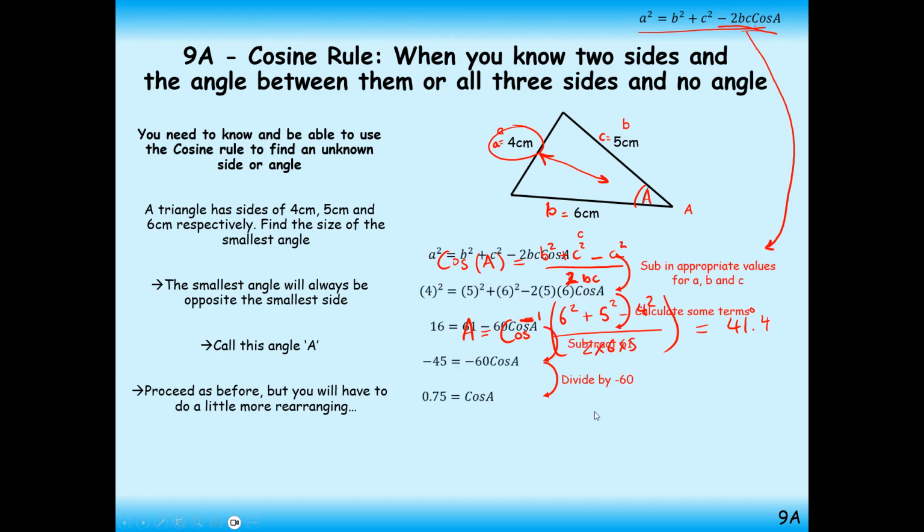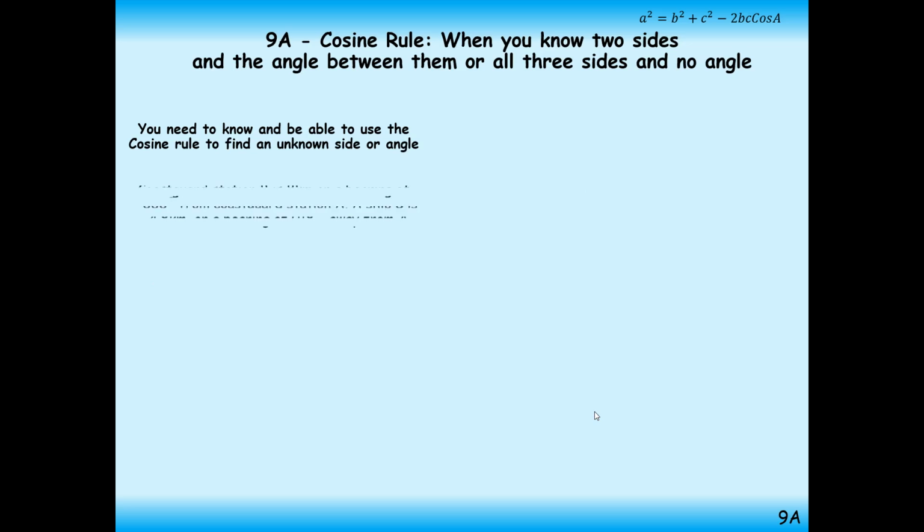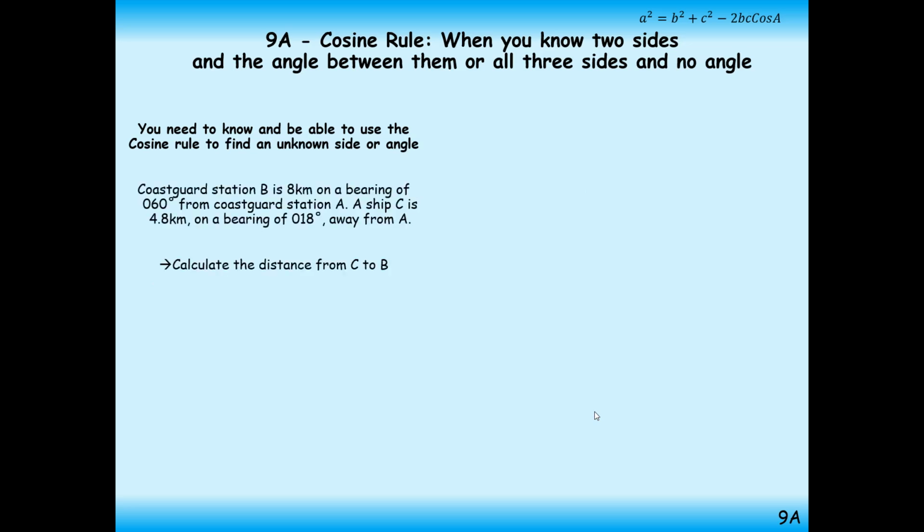Let's look at another example. This example says Coast Guard Station B is 8 kilometers on a bearing of 60 degrees from Coast Guard Station A. Ship C is 4.8 kilometers from A on a bearing of 018 degrees. You read these bearings as 018 degrees, and that bearing is 060 degrees.